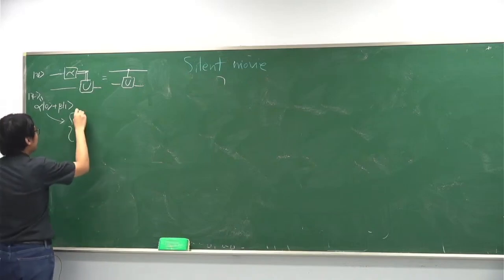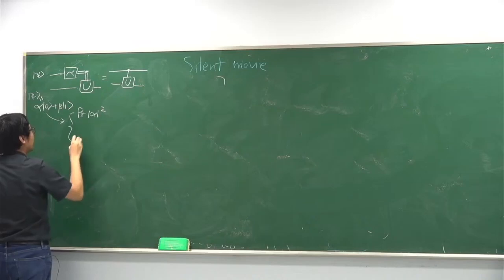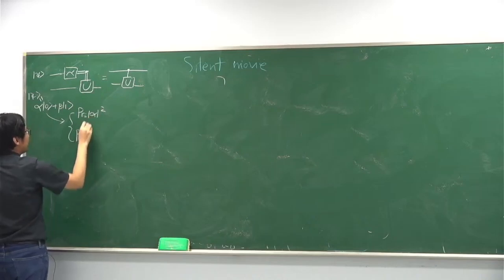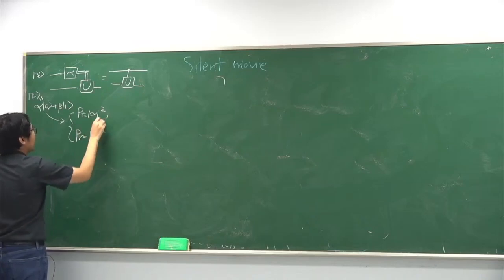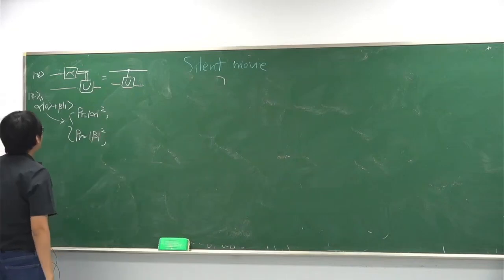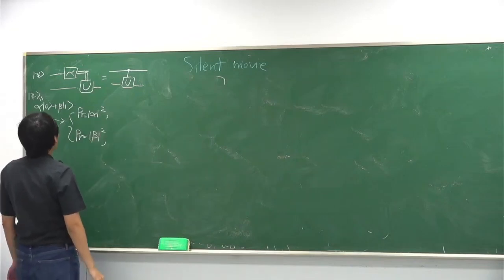With probability alpha squared and probability beta squared. With this, I do nothing.